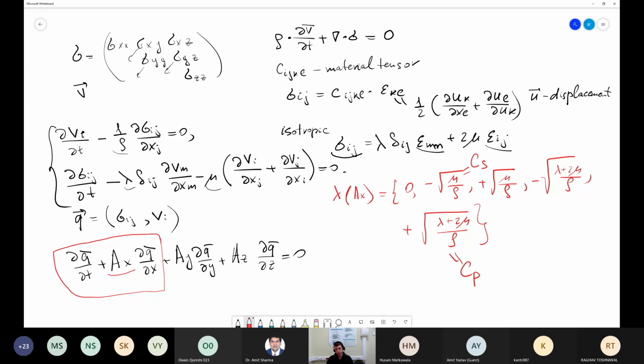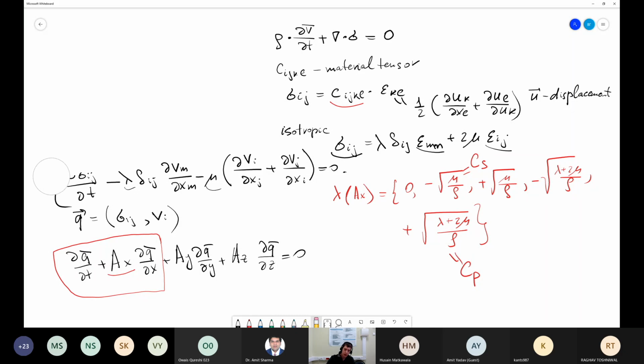However, it is possible to describe a fractured medium in the same approximation, but we have to deal carefully with this tensor C_ijkl, and there are a lot of different standard models like the VTI model, HTI model, etc. And the most popular in the seismic survey process is the model of thin layers, horizontal thin layers.